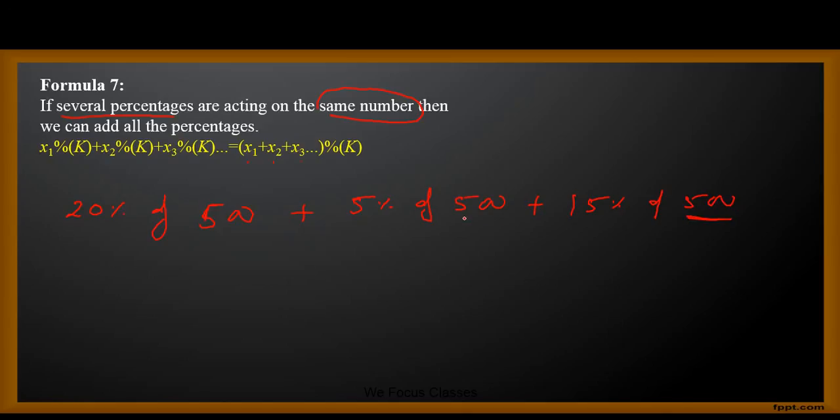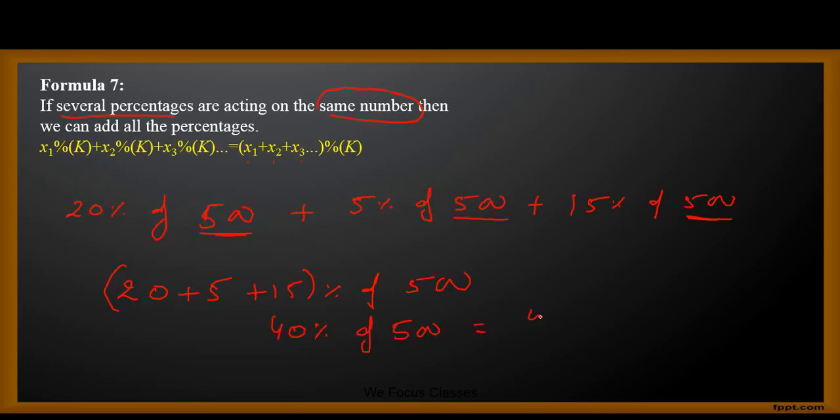Here if you see the same number, 500, so we can straight away write it as 20 plus 5 plus 15 percentage of 500. You can directly calculate: 20 plus 5 is 25, 25 plus 15 is 40. Simply the value is nothing but 40 percentage of 500.